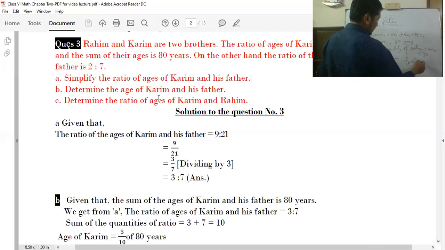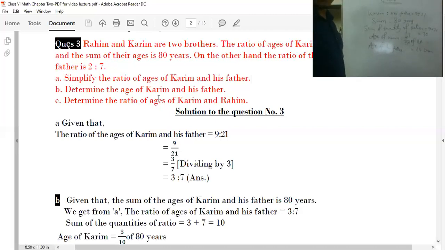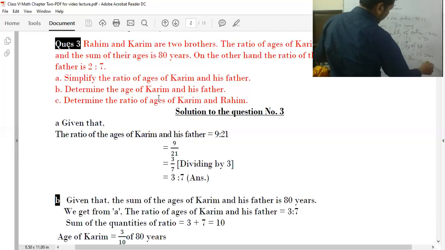Okay, if we calculate it, that is 24 years. And the age of his father will be what? If we subtract 24 from 80, we can also know the age of his father.